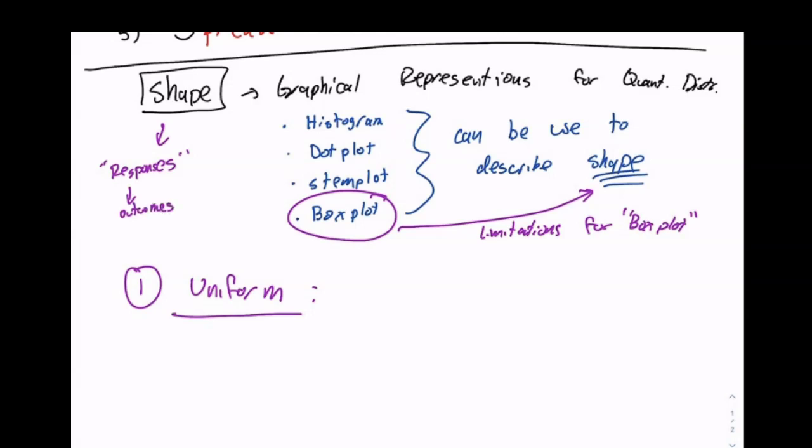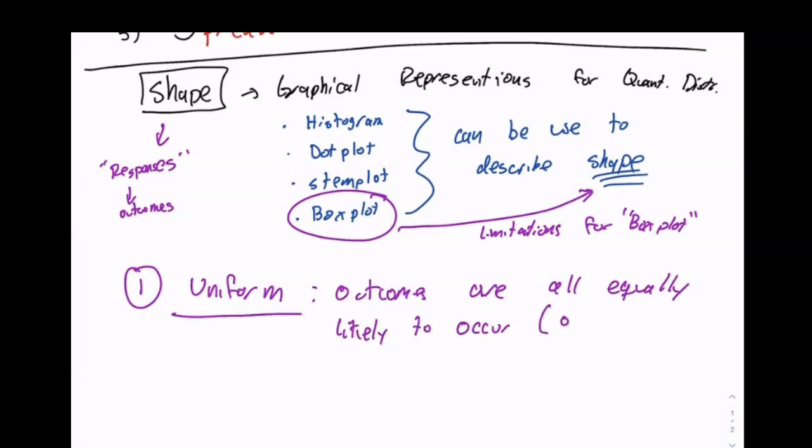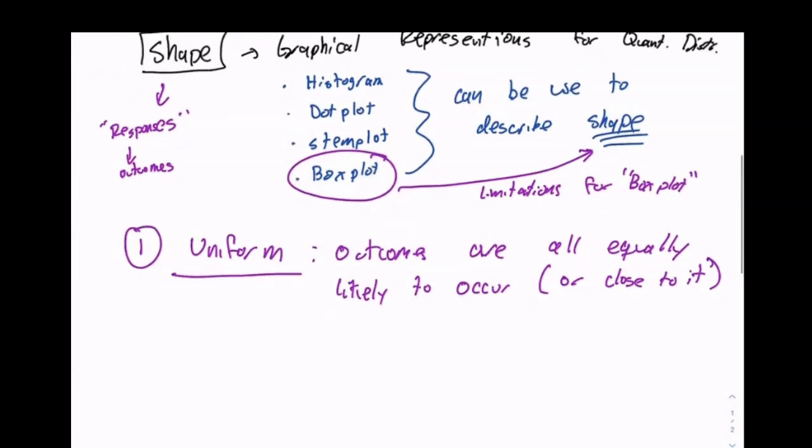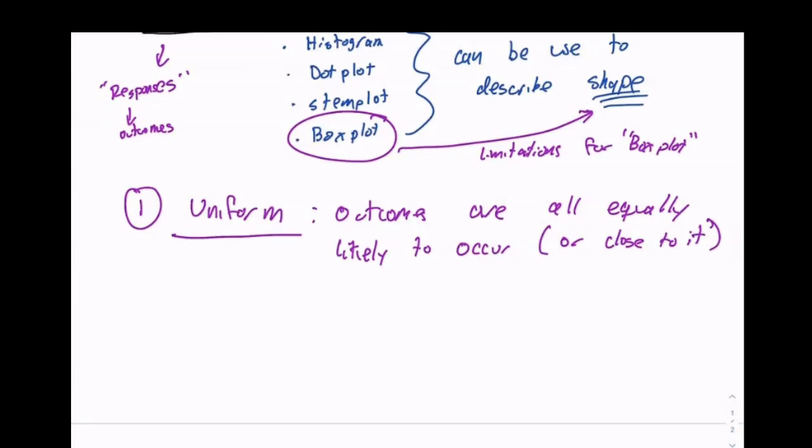The outcomes are all equally likely to occur, or close to it. So if you think about all the different outcomes that could occur, a uniform distribution basically says that every single outcome has the same chance to occur.